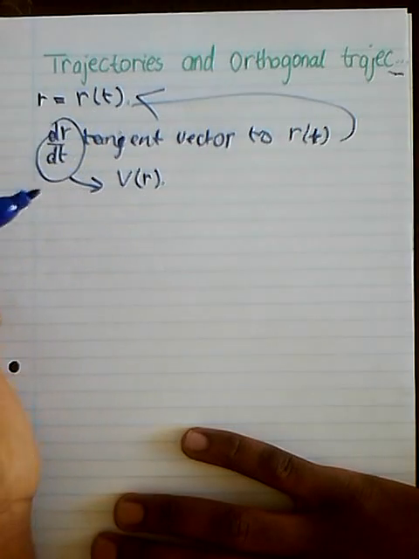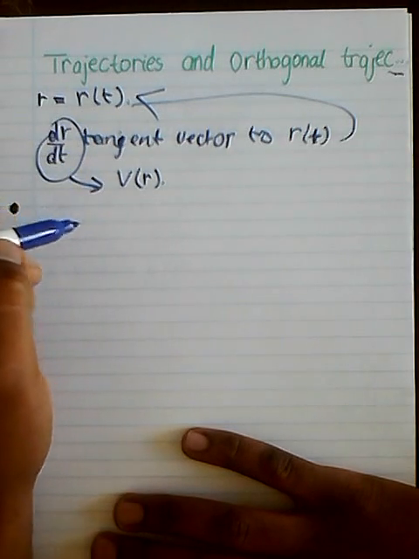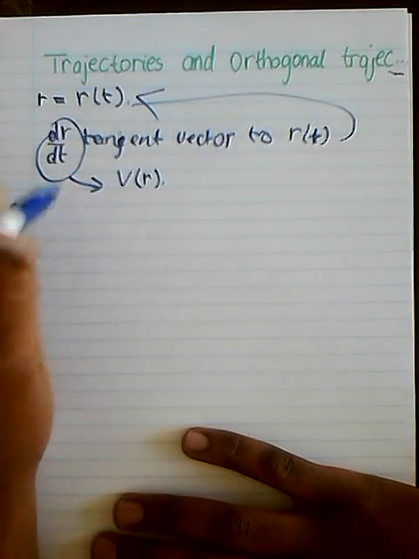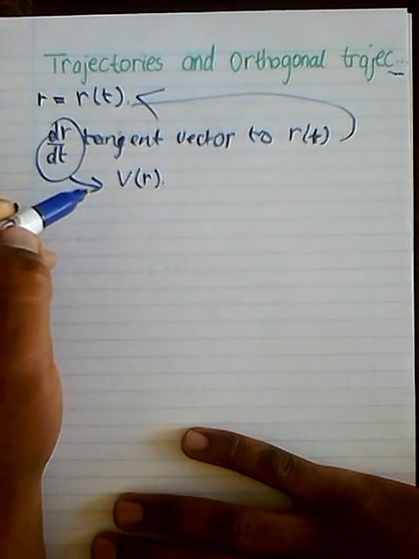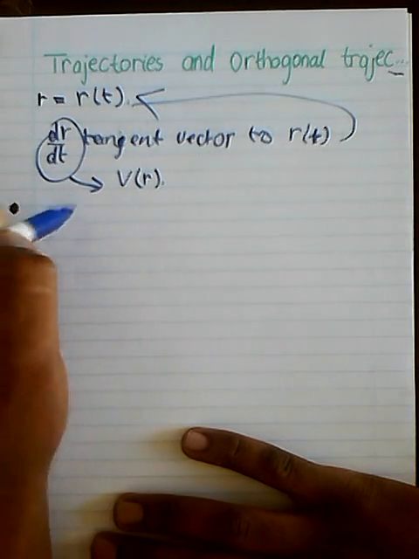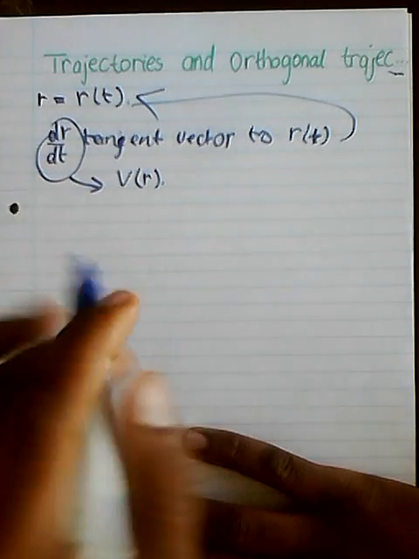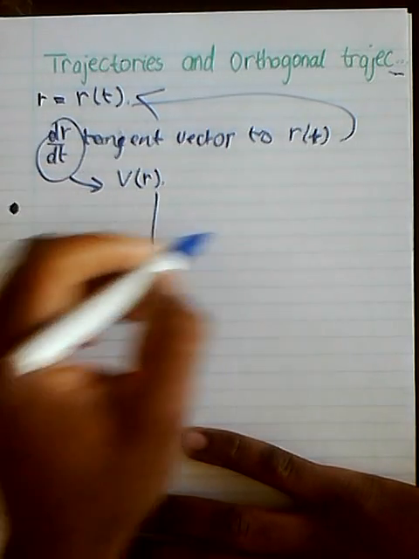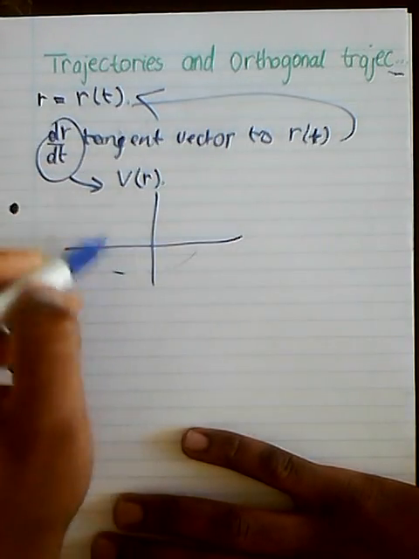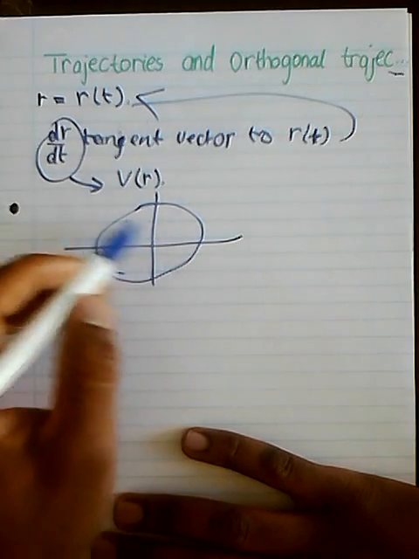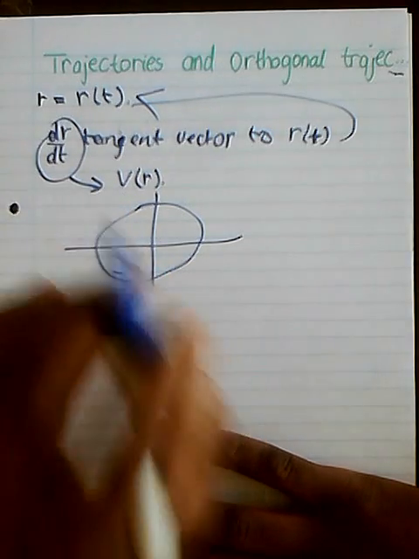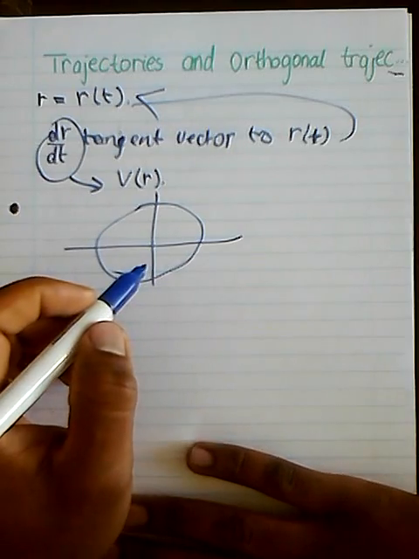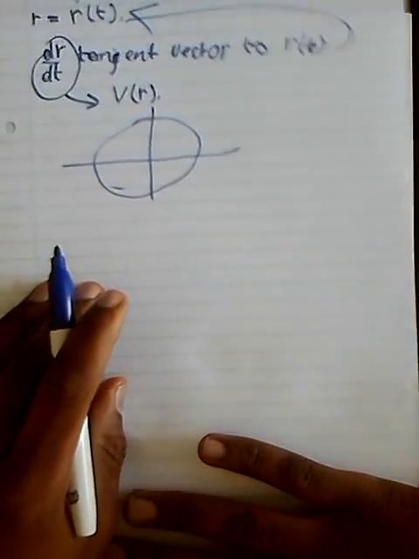Now we said that v, this vector here, forms a vector field in the region. It's just a field. A region can be a circle or whatever it can be, but it forms this vector field just like in physics.